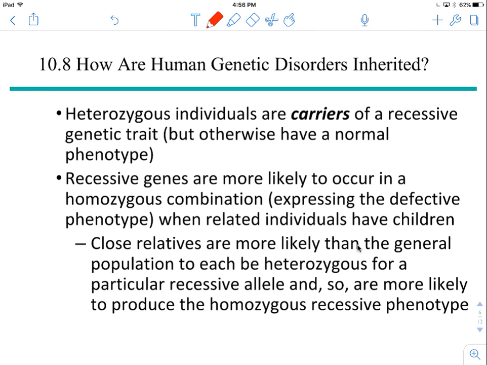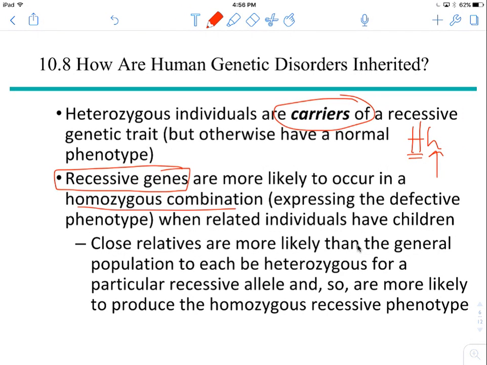Heterozygous individuals, as we know, are called carriers of a recessive trait. They have a normal allele and they appear normal, but they are carrying the trait for the disease and can pass it on to their offspring. Recessive disorders are more likely to occur when related individuals have children, because you get homozygotes. This is why it's best that, like, cousins don't marry.